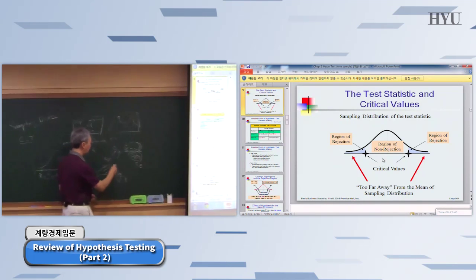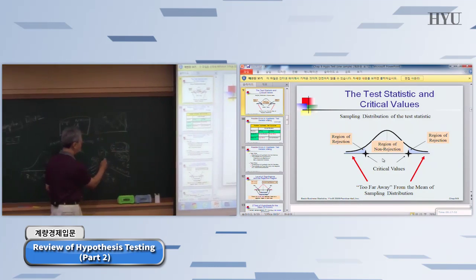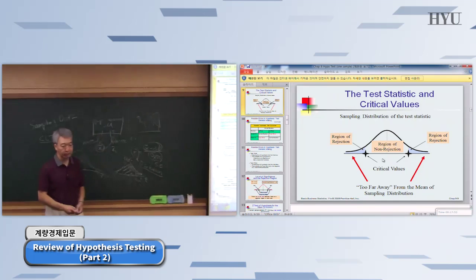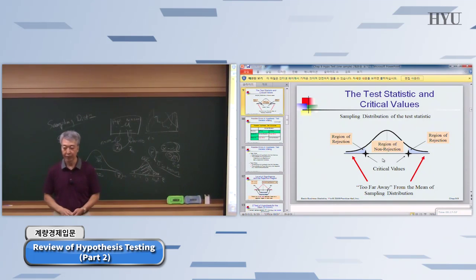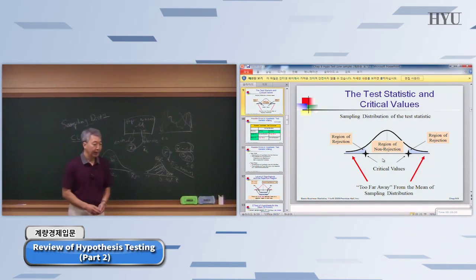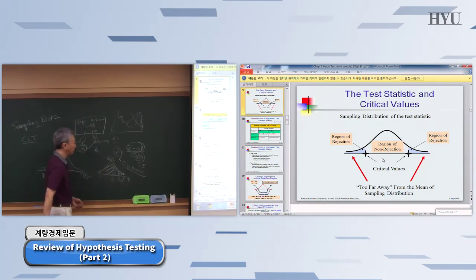Z is used only when sigma is known. In other words, if somehow you know the population standard deviation, then you can use the Z score as the test statistic. Otherwise, you'll have to use T. Okay?